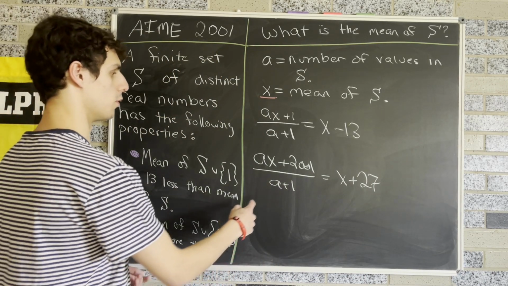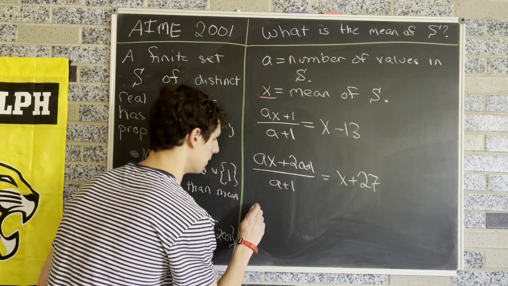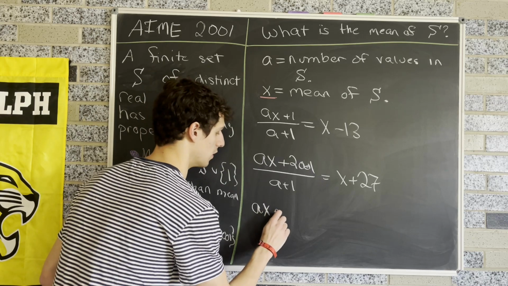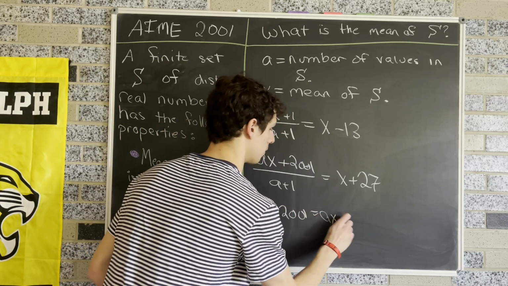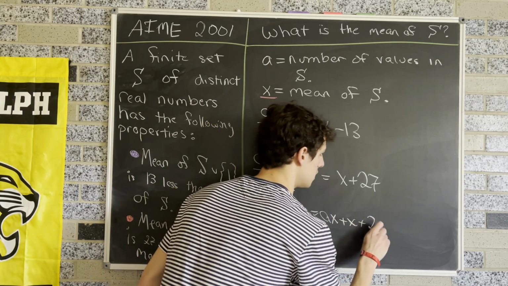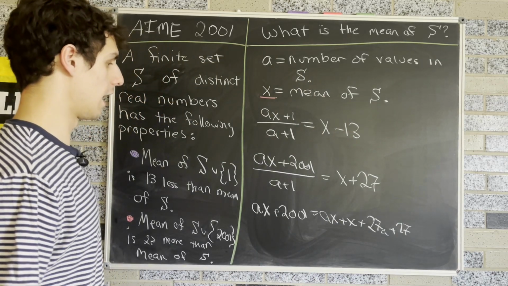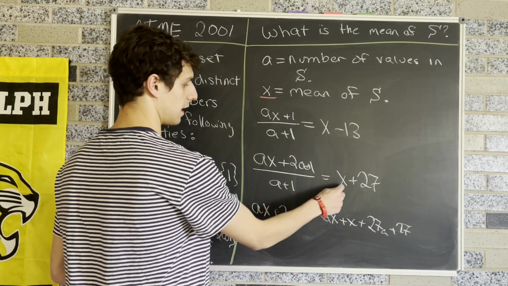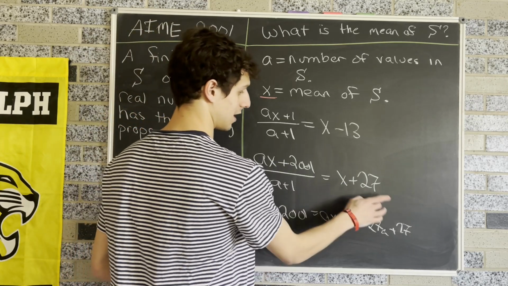What I'm going to do first is multiply both sides of this equation by A plus 1. So we get AX plus 2001 is equal to AX plus X plus 27A plus 27. This is from A times X, this is 1 times X, this is 27 times A and 27 times 1.